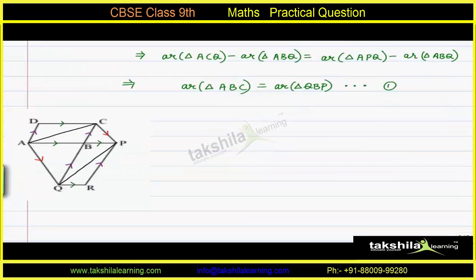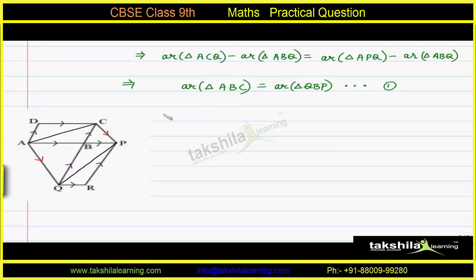In our key point, we have already discussed that a diagonal of a parallelogram divides it into two triangles of equal area. Now here we can see that AC is the diagonal of parallelogram ABCD. So it will divide the parallelogram into two triangles of equal area.